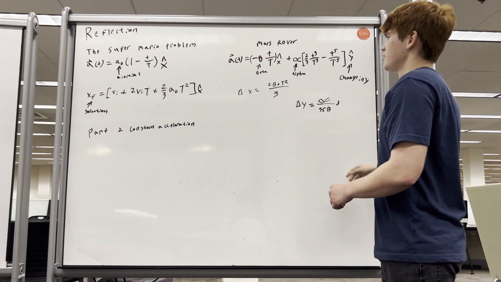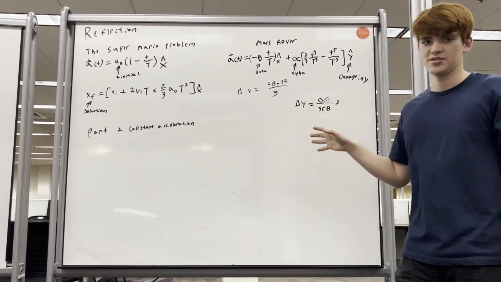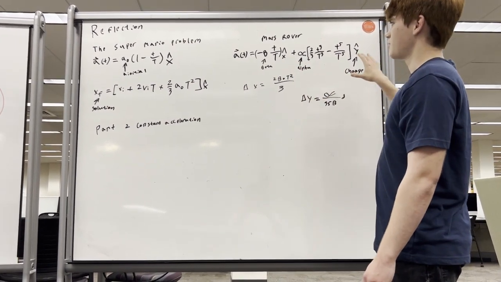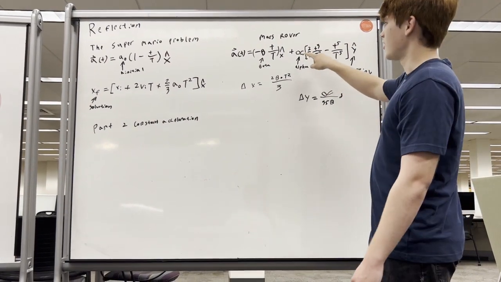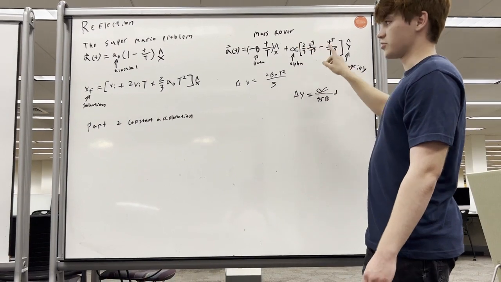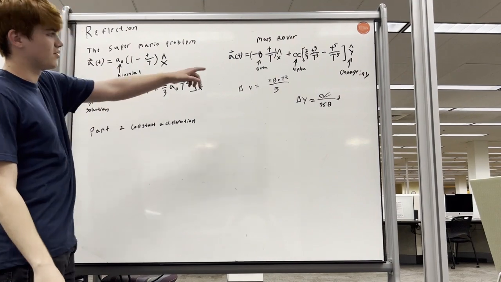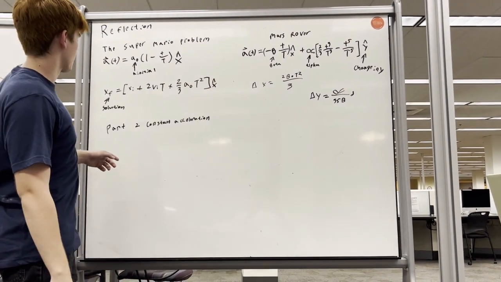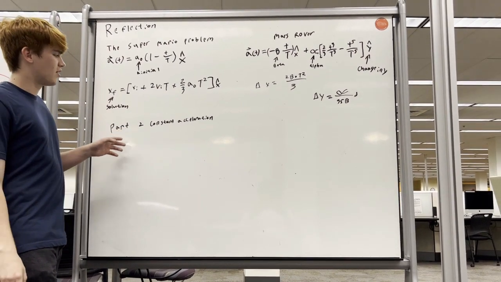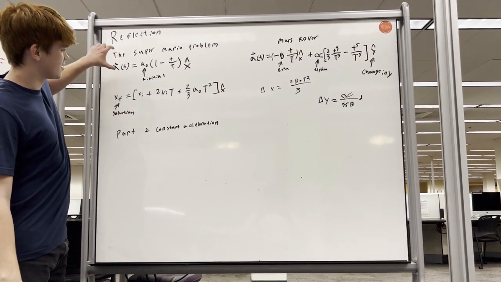Some other differences are that there are some extra known constants, alpha and beta, which are the accelerations for the Mars rover. Here we have the initial acceleration, which is different from beta and alpha. Super Mario's problem also asks about a constant acceleration problem, if Mario's acceleration was constant.